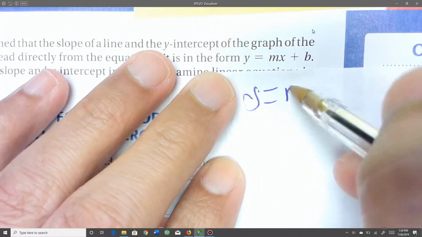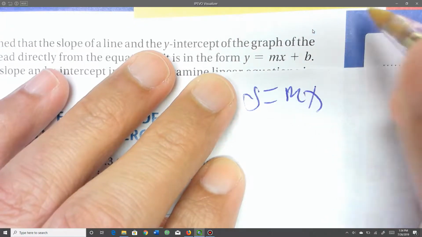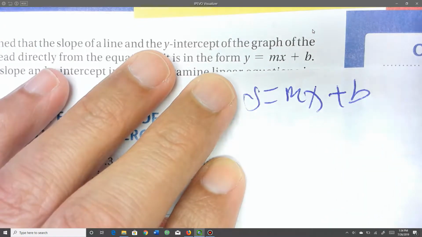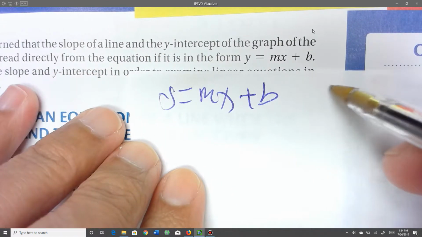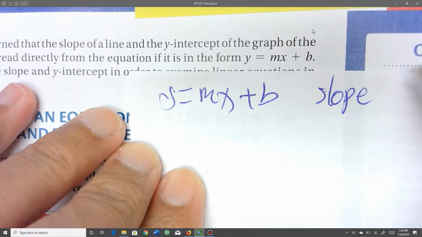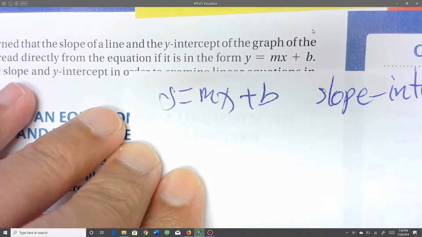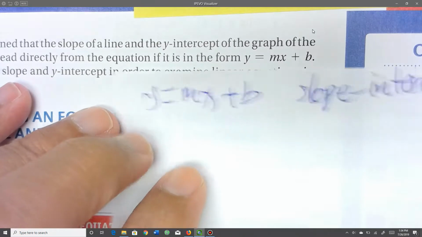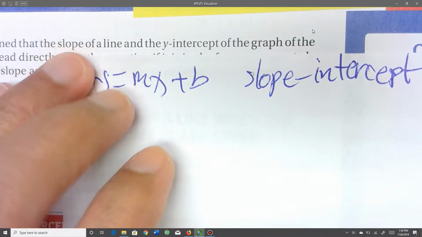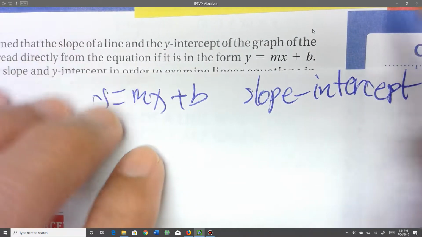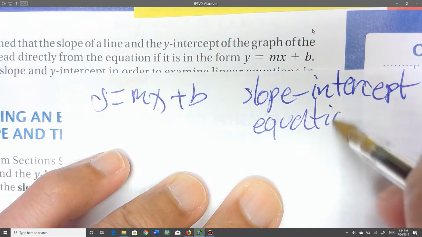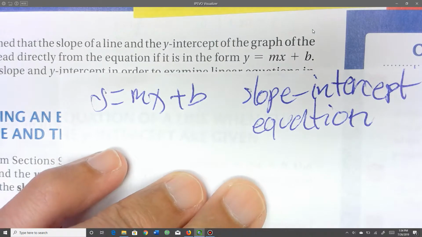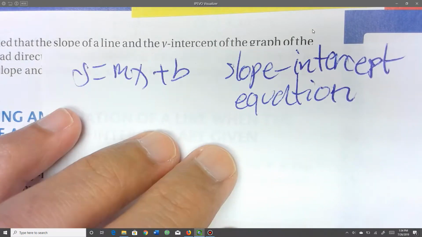y equals mx plus b is called the slope intercept equation, or formula. I forgot you call it a formula because we use it all the time.